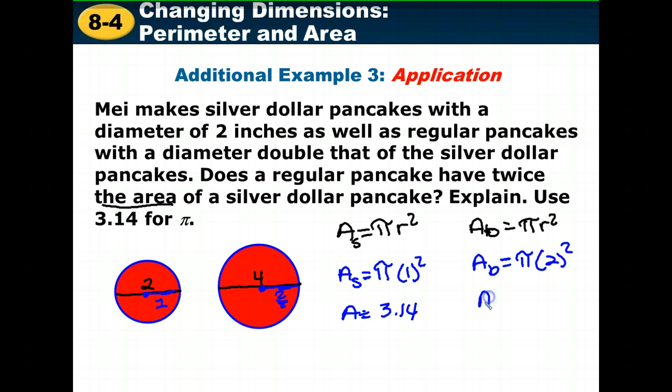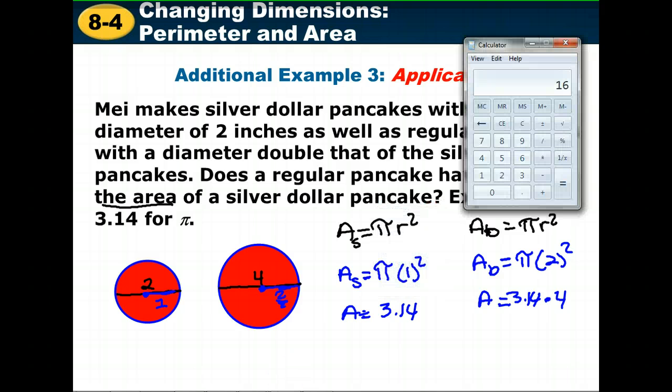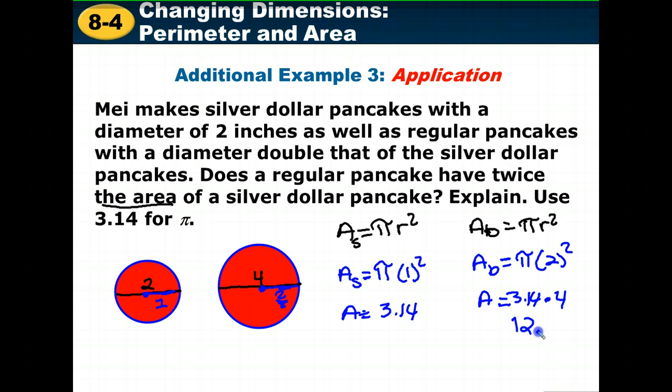So here 1 squared is 1, so the area will equal pi. And here the area will be 3.14 times 2 squared, which is 4. So let's bring up our calculator and do this one. We get 3.14 times 4, and we get 12.56. Now because we have decimals, in order to see what happened, we need to divide those two numbers.